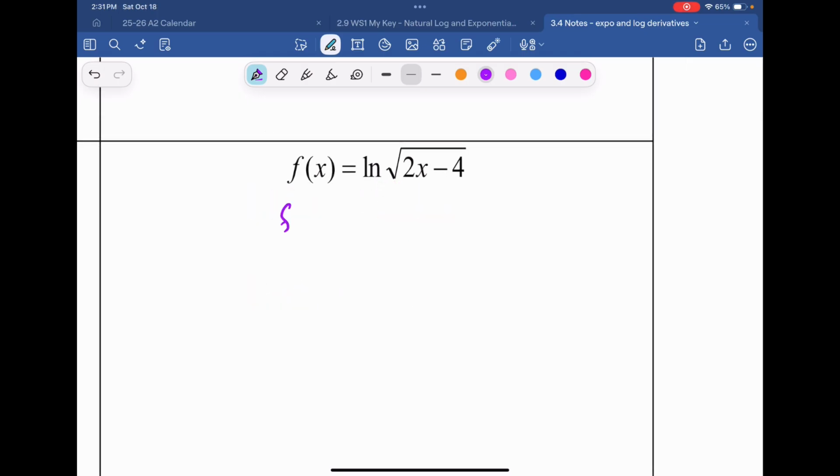Okay. Rewrite so that your argument, using your logarithm rules, exponents become coefficients.